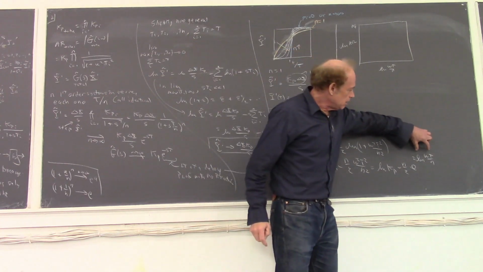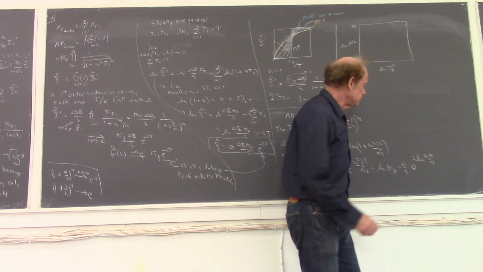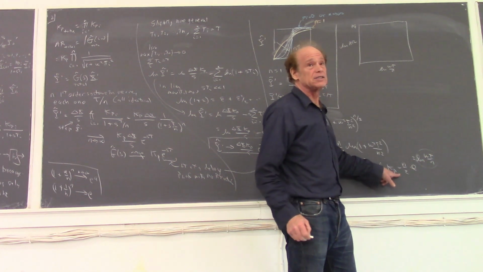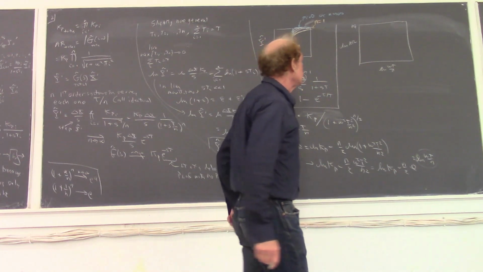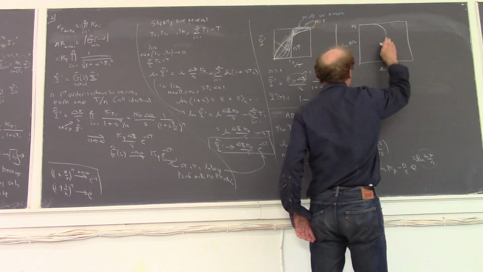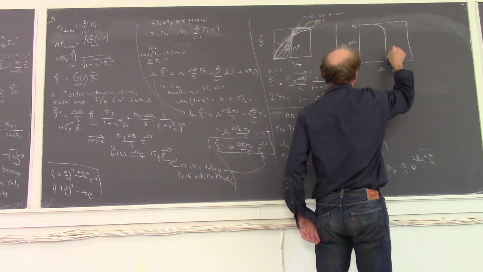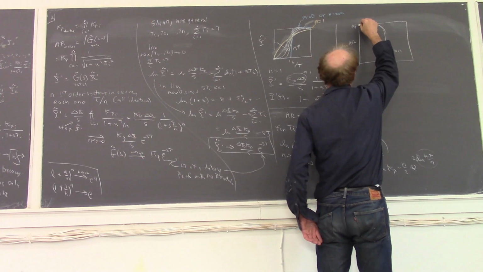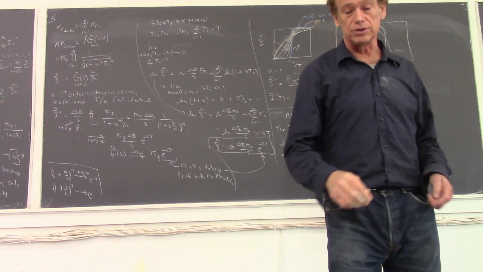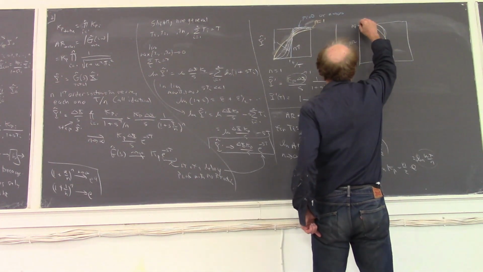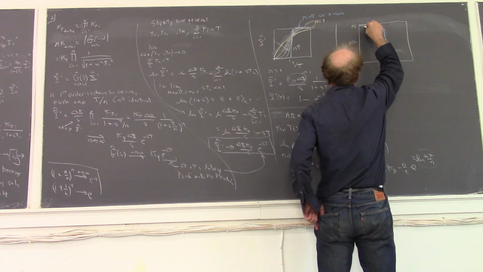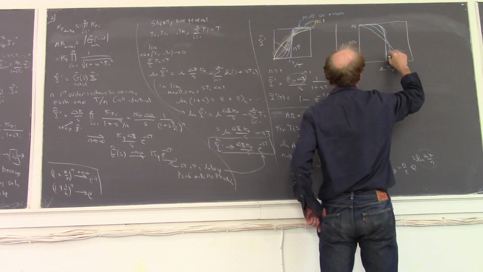So if this is my variable, then I have an exponential to that, e to that, with a minus sign. So I have a system that eventually looks like this. The upside down exponential is for n big. And for smaller values, it looks more like this. So I should make the n big a different color so you can see which one's which. And for smaller values of n, it looks more like this. So this is the direction of n going up.